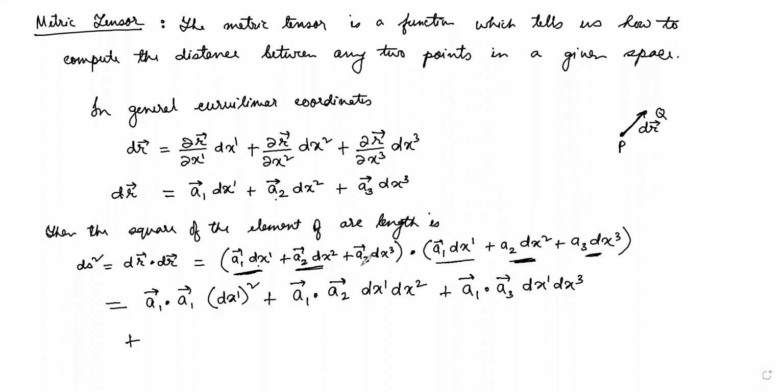Similarly, I'll take the third term and take the dot product with these three terms respectively. So I'll add up all these terms. How many terms will be there in total?